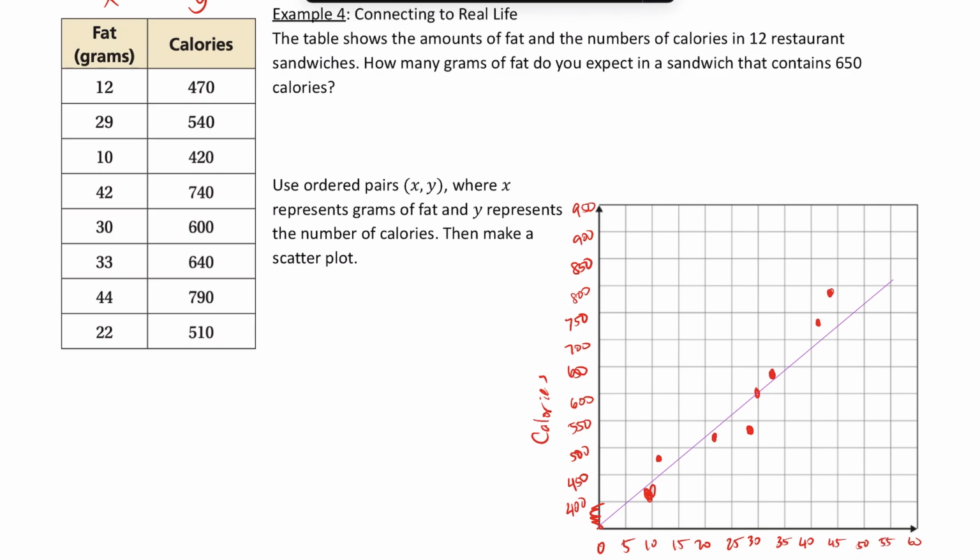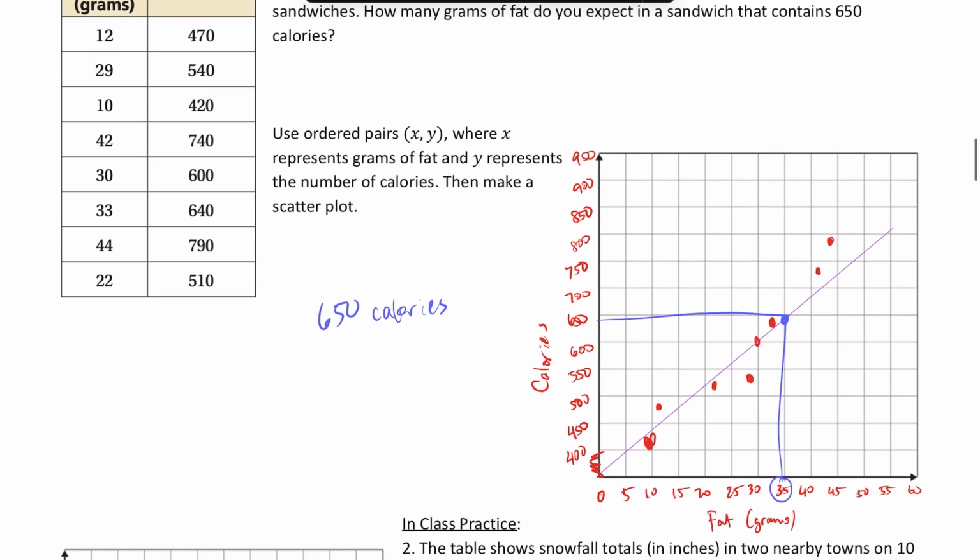You have some points that are above, some points that are below, but that's okay. I would say that's generally close. Why would I be doing this? Well, then it's easier to spot out. 650 calories, 600, yeah, so 35 grams of fat would be roughly 650 calories. So that's what I would assume for this as well.